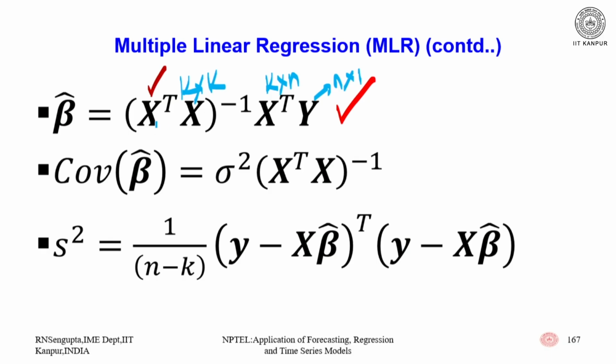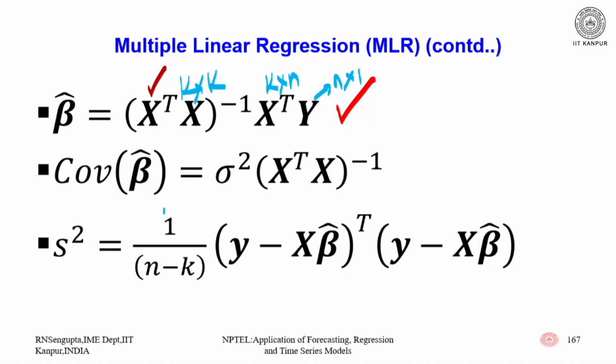So, the dimension of x transpose inside the bracket is k cross n and x is n cross k, hence k cross n into n cross k gives you k cross k. K I am considering as the number of independent variables. Whether you have k plus 1 considering the constant term, the idea remains the same, that is about the dimension.